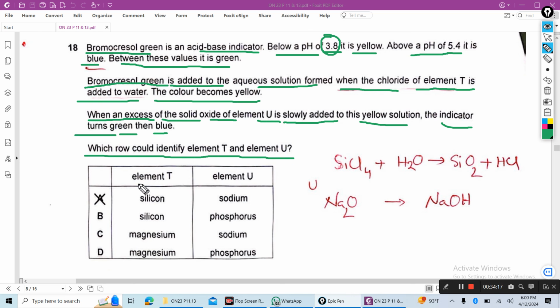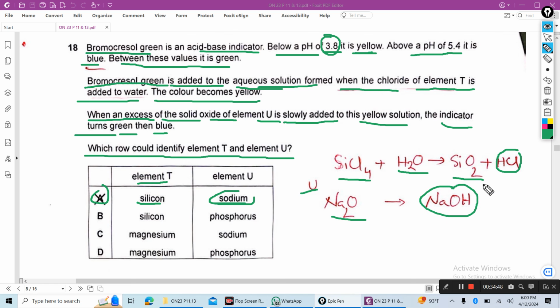Now you see, element T is the correct answer, silicon, and element U sodium. Why? Silicon tetrachloride, if you add water, silicon dioxide and hydrochloric acid are formed. That's why pH 3.8, and the color is yellow. If you add U, I mean sodium oxide, then sodium oxide reacts with water to produce sodium hydroxide, alkaline.